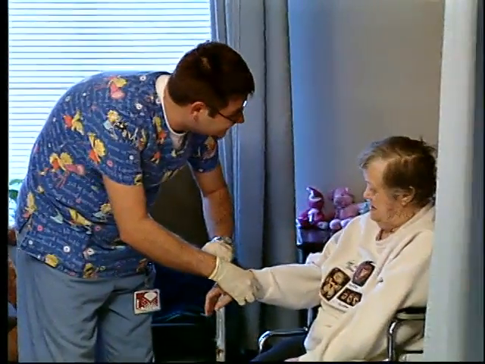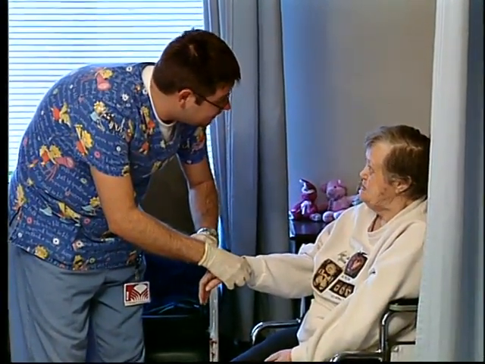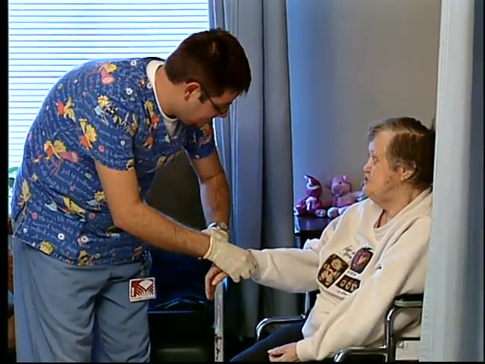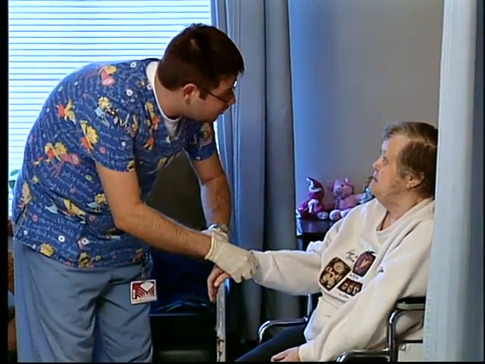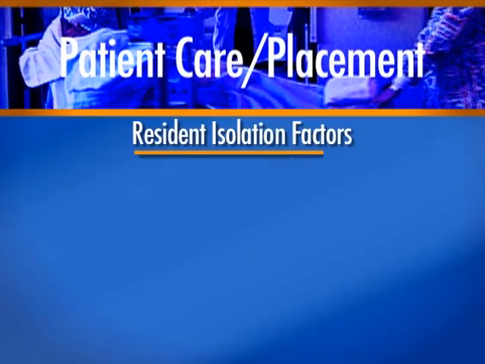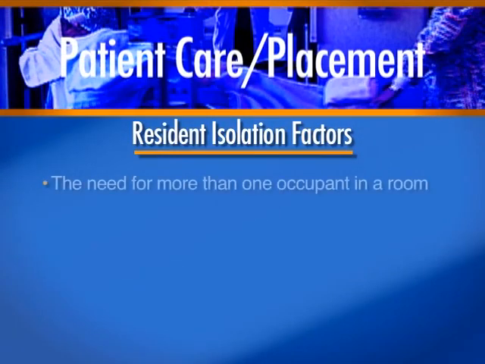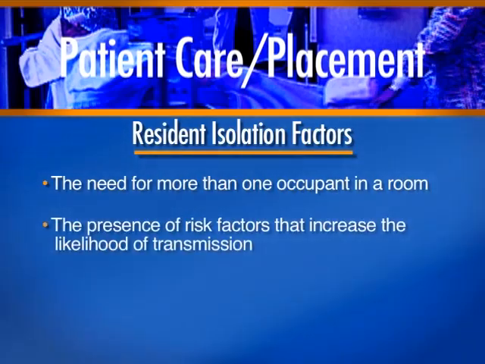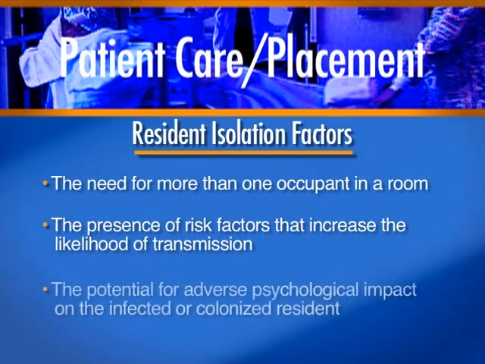Isolating residents is a delicate balance between protection of the other residents and maintaining the independence, dignity, and privacy of the infected individual. We consider several factors: the need for more than one occupant in a room, the presence of risk factors that increase the likelihood of transmission, and the potential to psychologically disturb an infected or isolated resident.